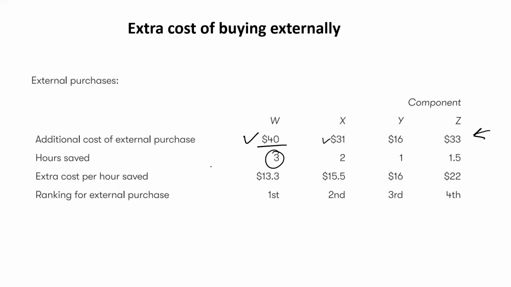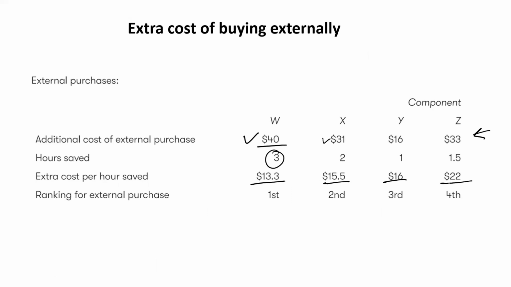Extra cost per hour saved. So for every hour of direct labor which goes to W, we're saving $13.3. For every hour of X, we're saving $15.5, and $16 per hour of producing Y. This is the extra cost per hour saved.